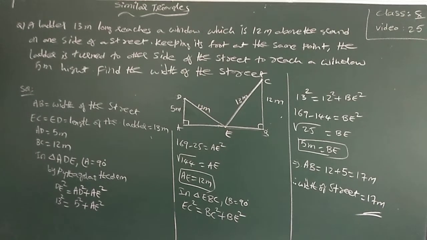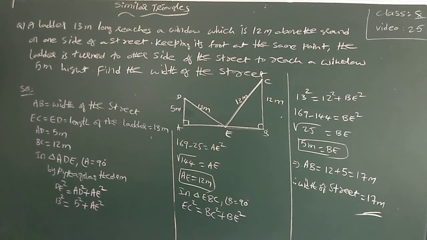AB is the width of the street. AD is the height of one window from the ground, 5 meters, and BC is the window placed at 12 meters height from the ground. EC and ED are the length of the ladder, 13 meters.